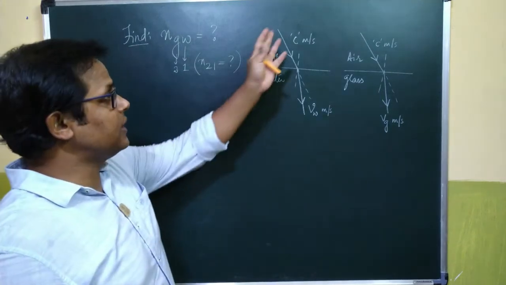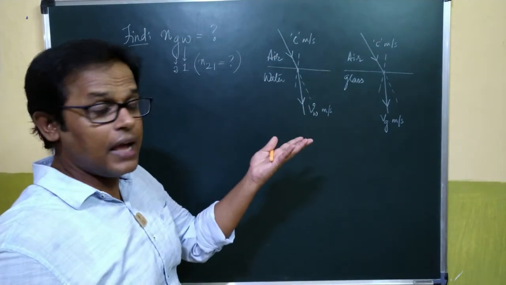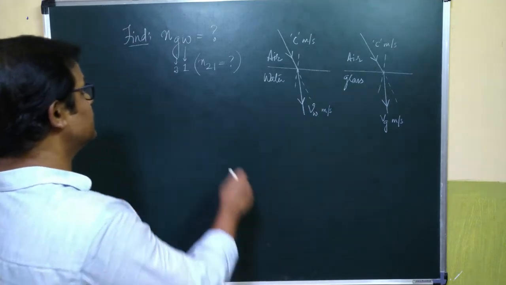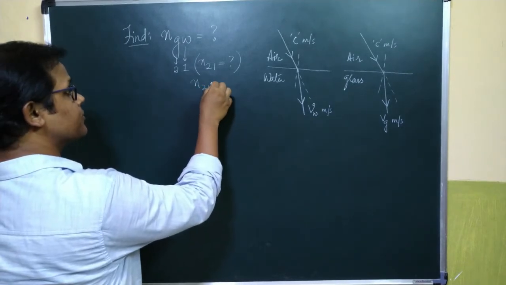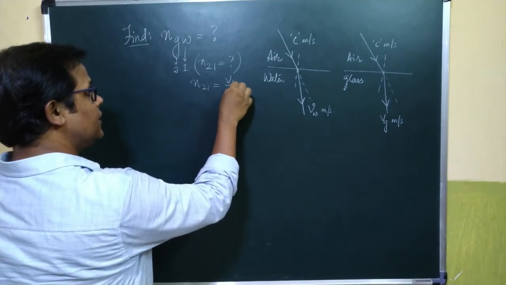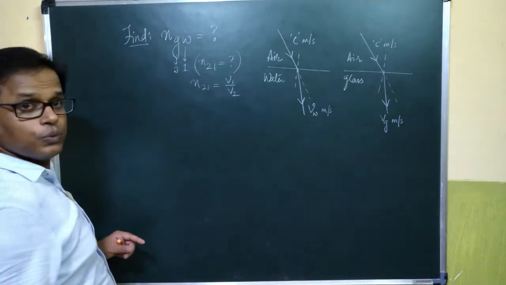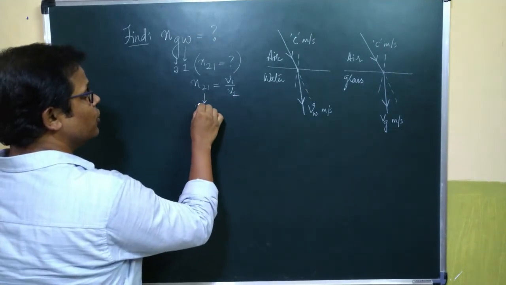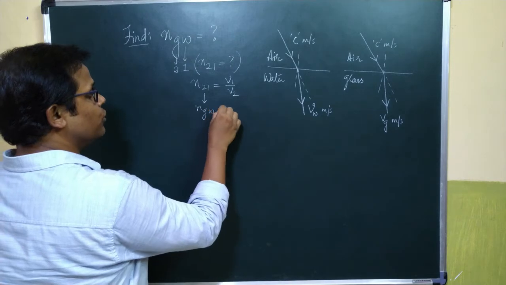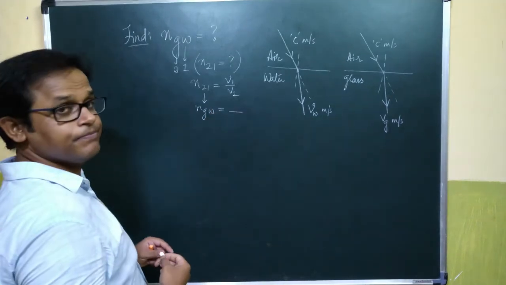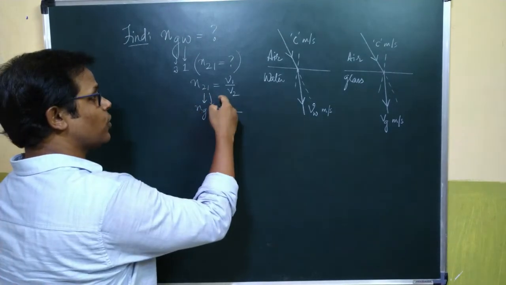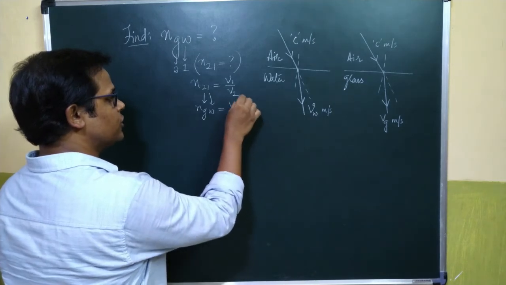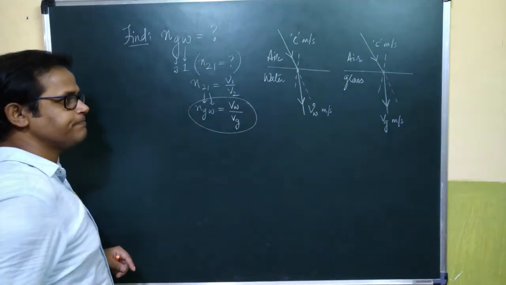And we are describing the entire situation in terms of speeds of light, so I will not be bothering about Snell's law in terms of angles. So n 2 1 in terms of speed of light, and remember it is V1 by V2. For this formula where I have replaced 2 with G and 1 with W, what should I get? 1 is W, so 1 is on the top, so I should be getting VW by VG. So this should be my target.